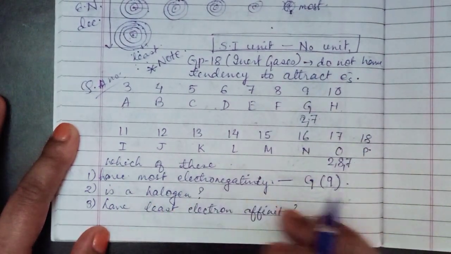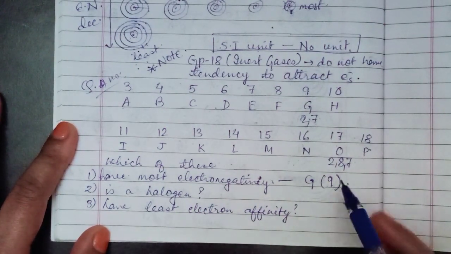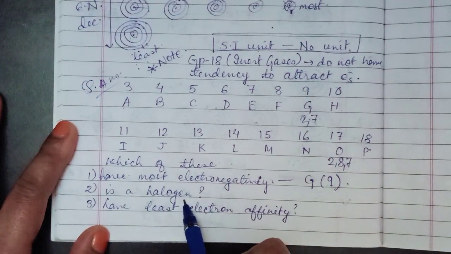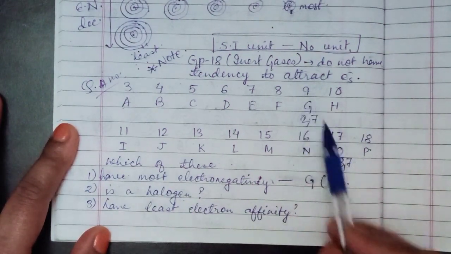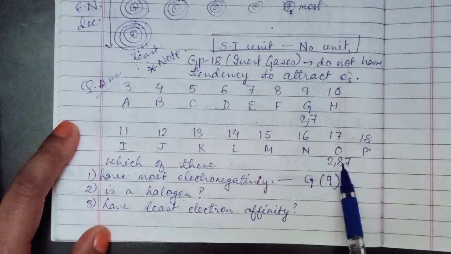Okay, don't use your own symbol for the atomic number 9. Which one is halogen? Halogen, you all have learned that also. Group number 17 is known as halogen. In the beginning of this chapter, you have learned the group name for each group.